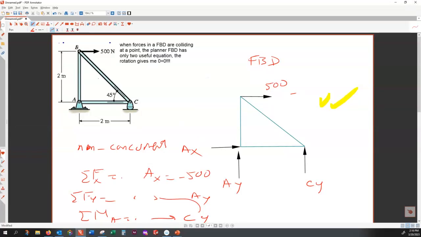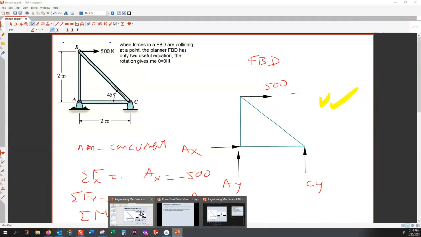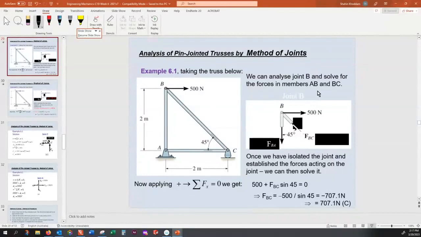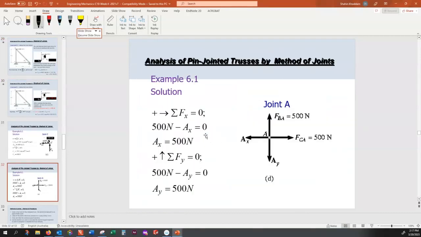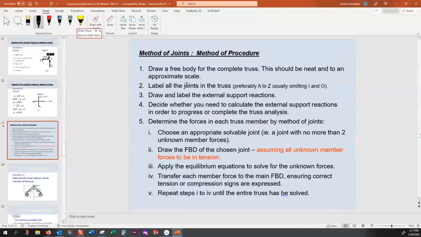So not always you are interested to find the reaction. Only if the problem insists, if in the exam I specifically tell you, look, find out the forces in each individual member, then you don't have to solve the entire structure. But now, that being said, this could be a thing we can do.